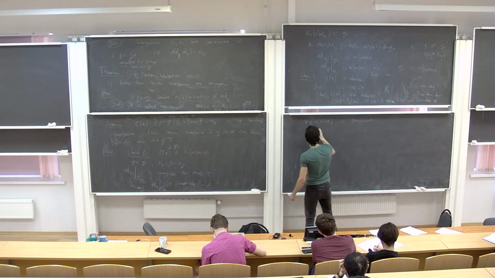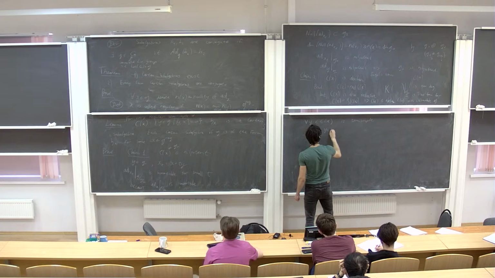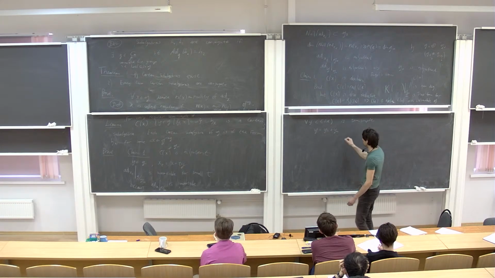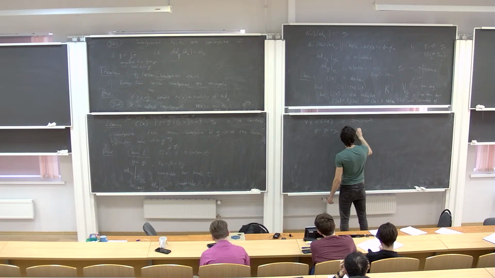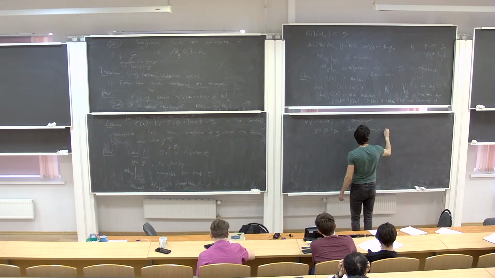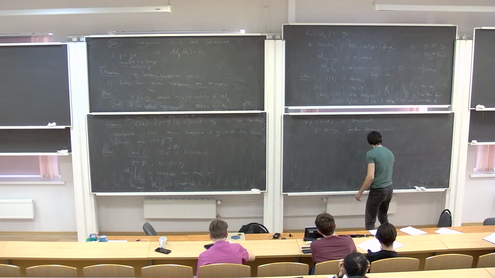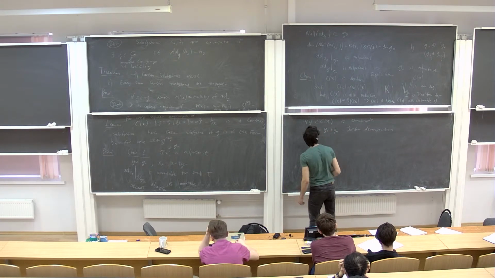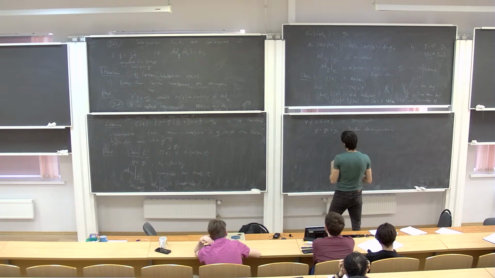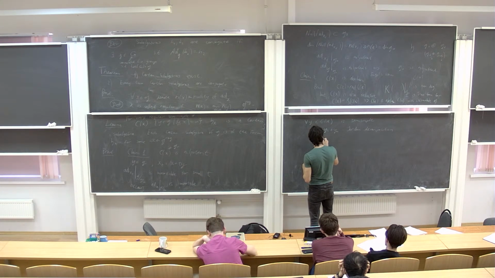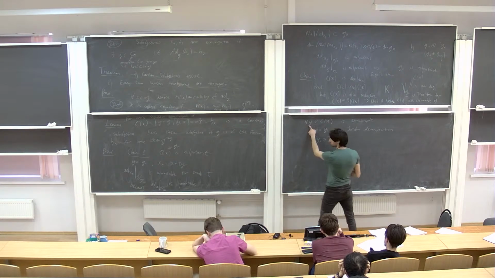So let me take the Jordan decomposition. I would like to say that ys, so y commutes with x, right? Because y is in the centralizer.